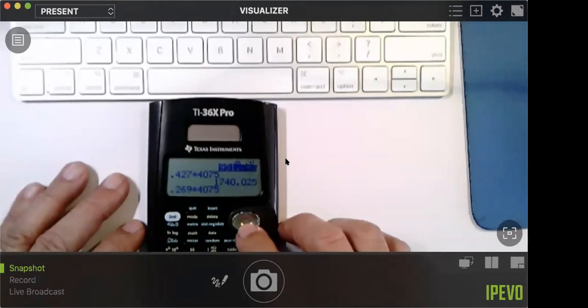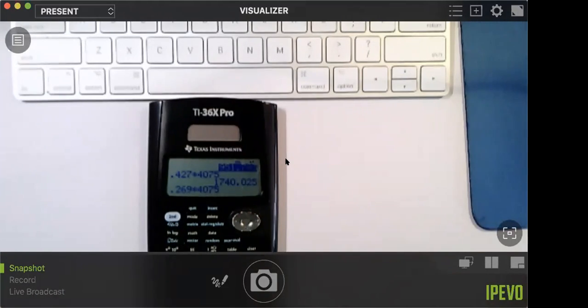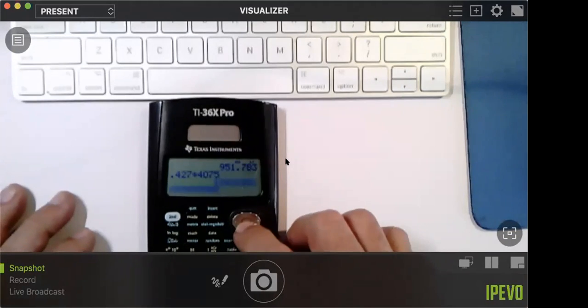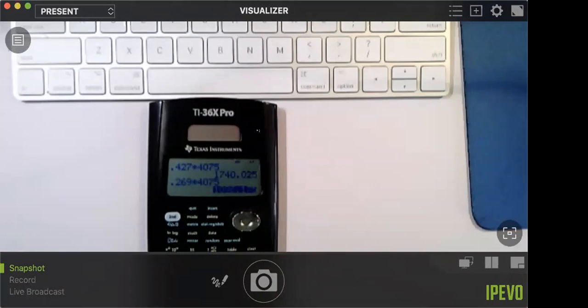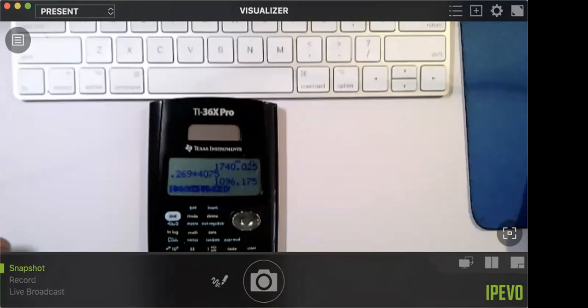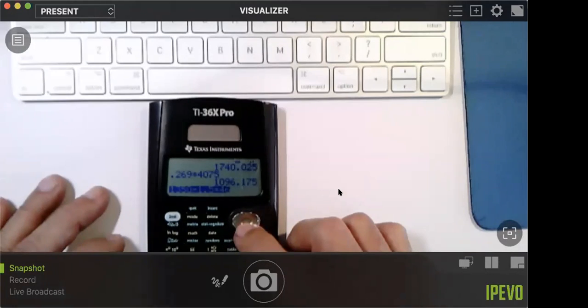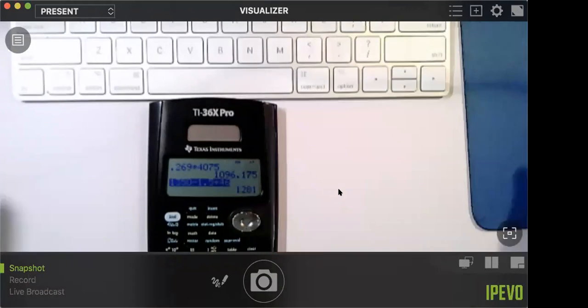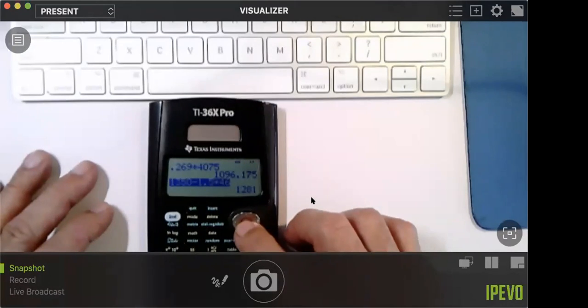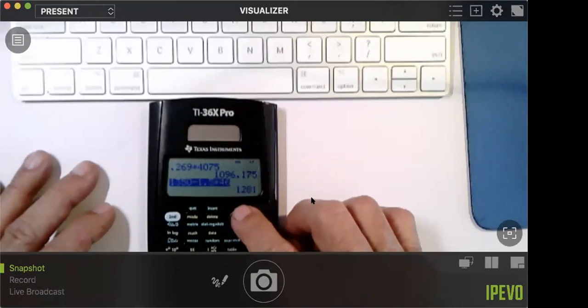And then 26.9% of 4,075. Do that on your calculator, and you get 1,096.175, and so on. Okay, so those are your percentages just by using your calculator.